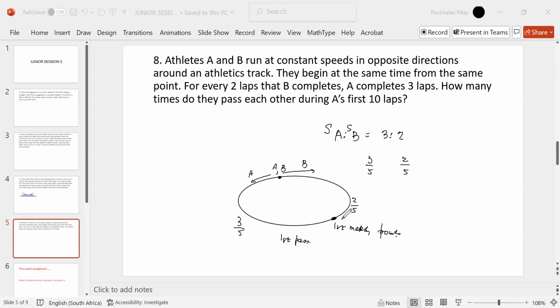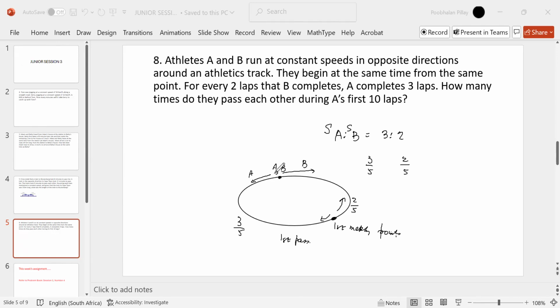Okay, now they will meet again. From this point onwards, you can say that they are starting here because both of them are together at this place, right? First meeting point, and they continue to do the same thing. This fellow continues to travel this way, that way.